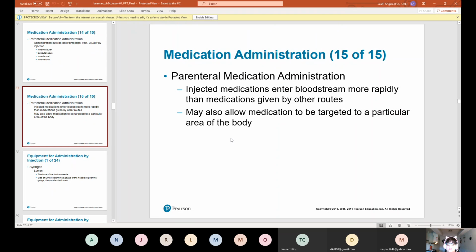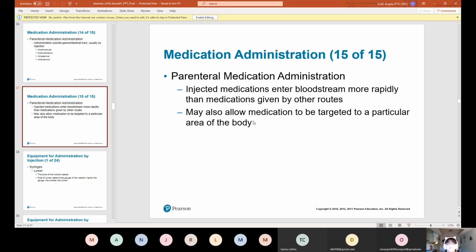We've checked it 3 times because even if it is, let's say, subcutaneous, which is one of the slower routes, it's still going to be entering into that patient's bloodstream within a 35, 45 minute time frame. So it's something you have to make sure that you have thoroughly checked.